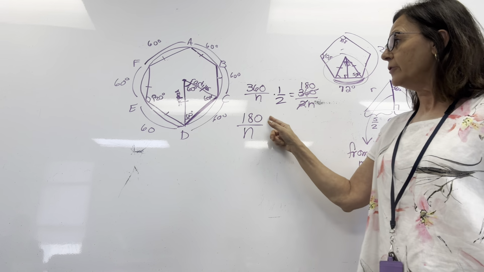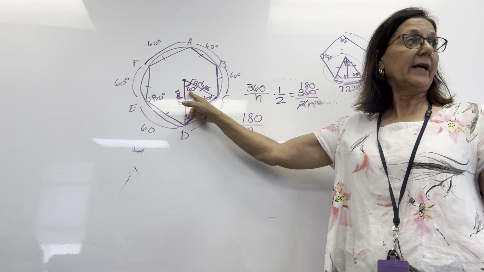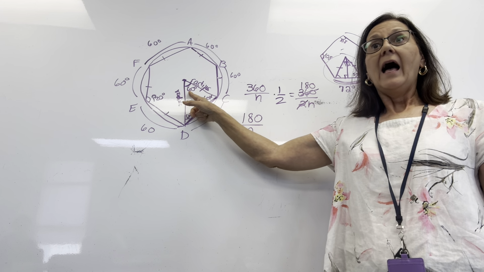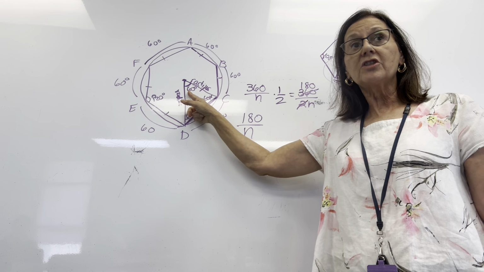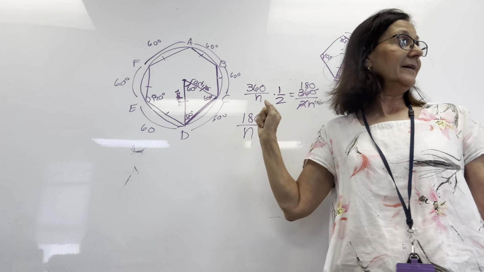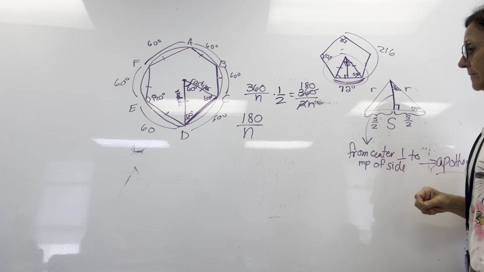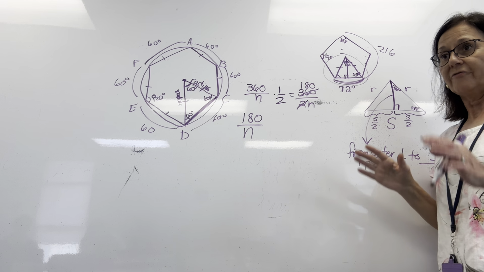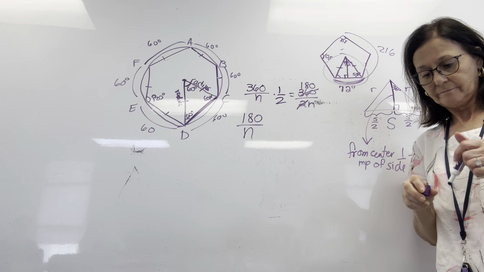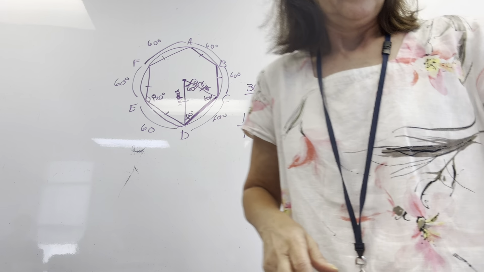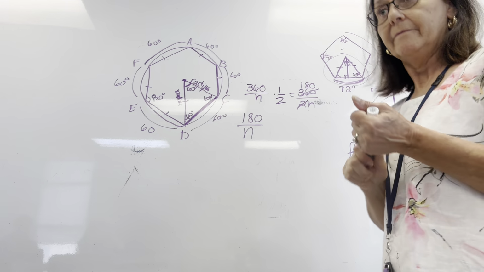So if you do 180 divided by 6, what should you get? Half of 60, which is 30. Got it? All right, so you're following me so far. Got it?